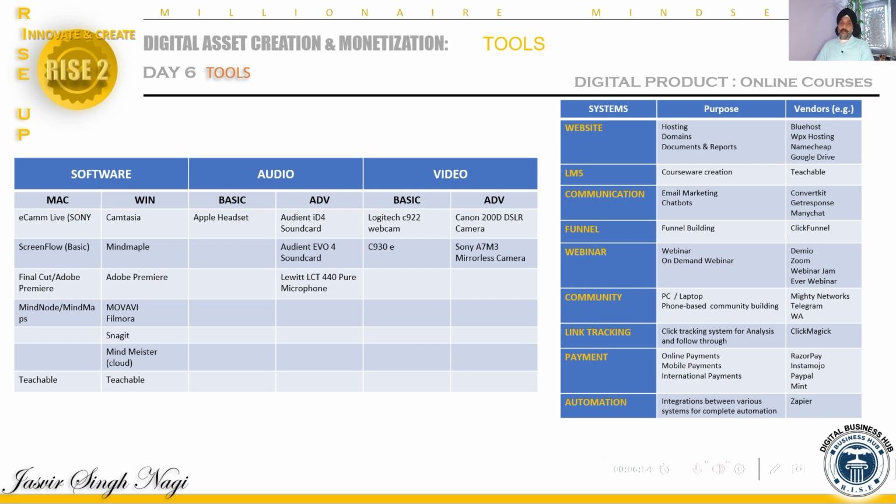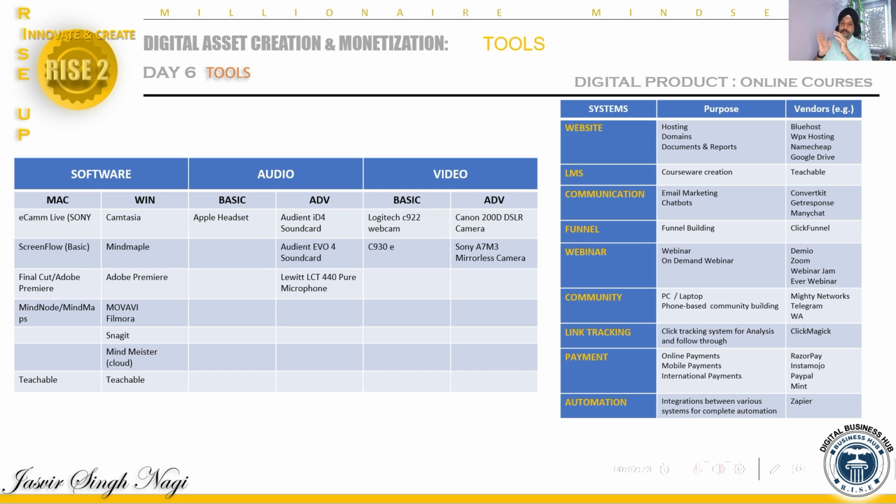Rest is automation. It comes at a later level, but Zapier is the easiest platform to connect each of your integratable items that we just discussed and other platforms that come into existence. So these are the tools that will help you. Your main tool being your movie editing and movie capture, and the hardware being your video capture and the mic, along with your laptop or one of the other devices that you have as a PC.